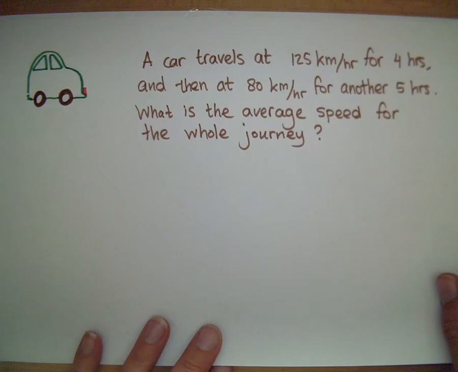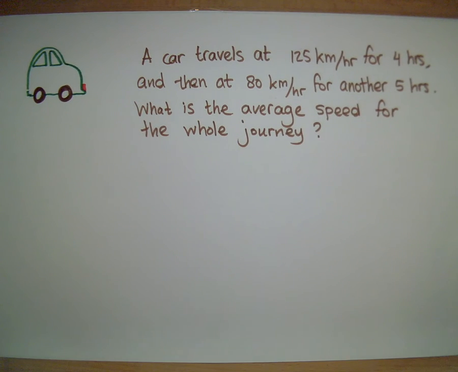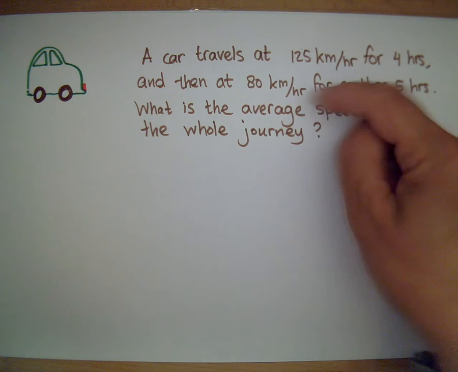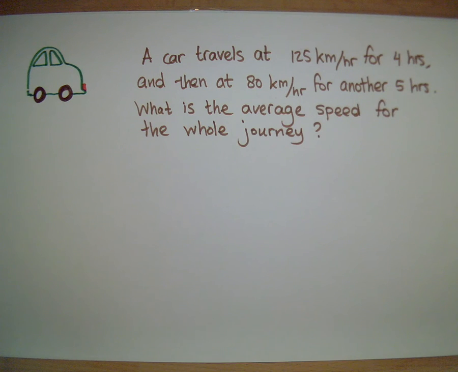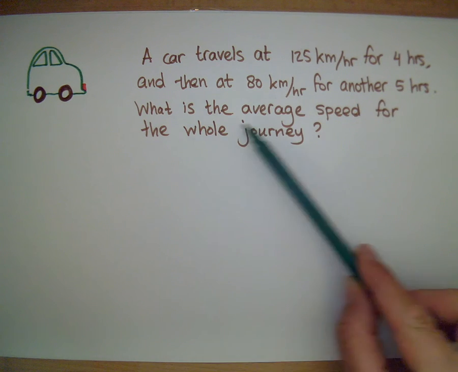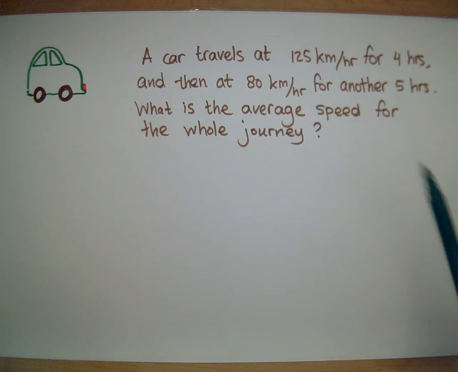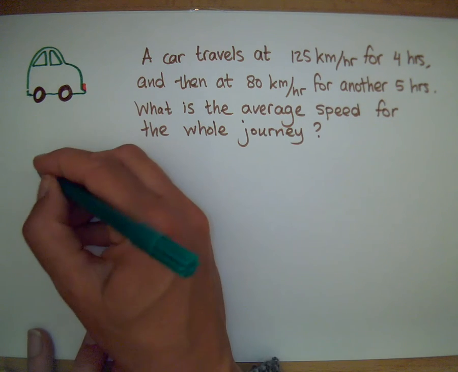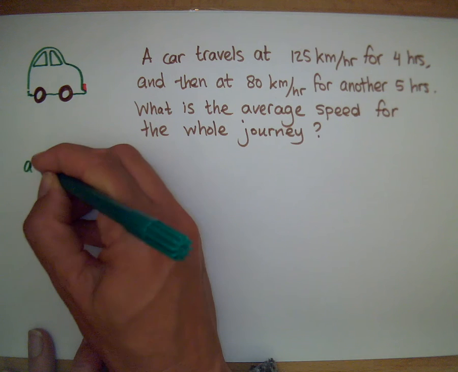Okay, let's look at this fun problem. We have a car. It travels at 125 kilometers per hour for 4 hours. And then, for the next 5 hours, it drives at a speed of 80 kilometers per hour. What is the average speed for the whole journey? Let me just rewrite my formula.